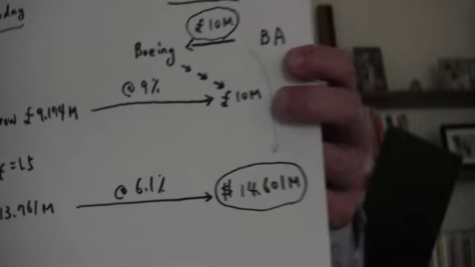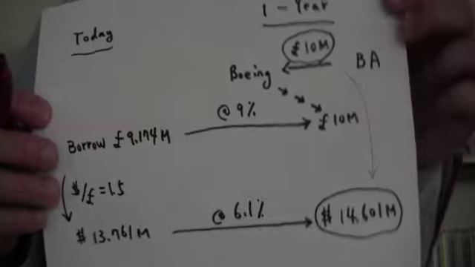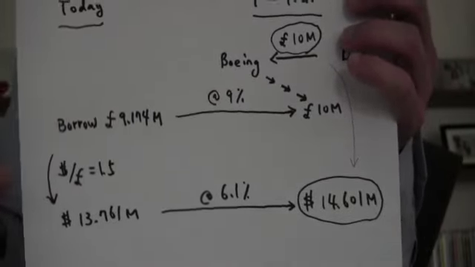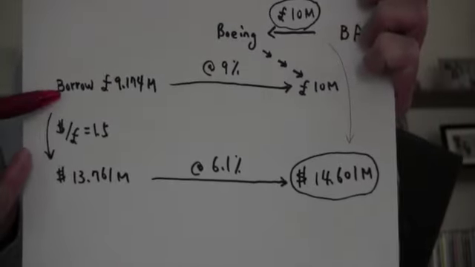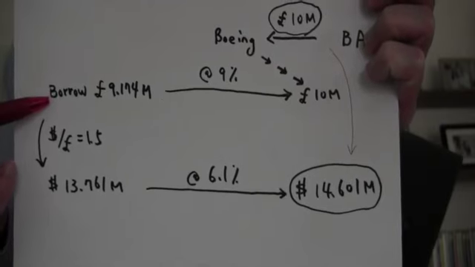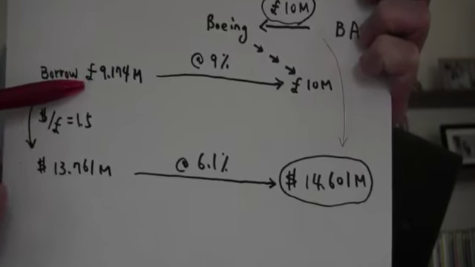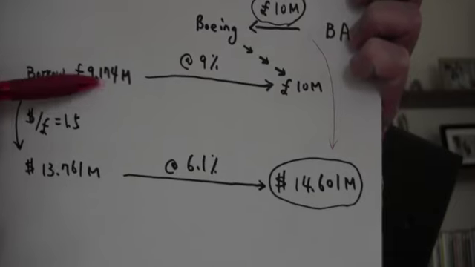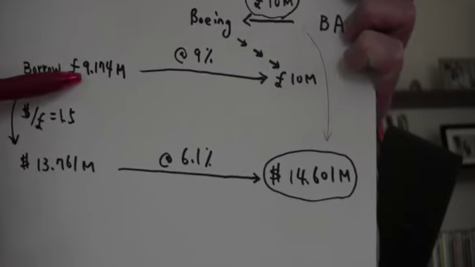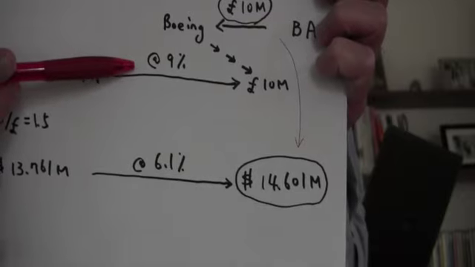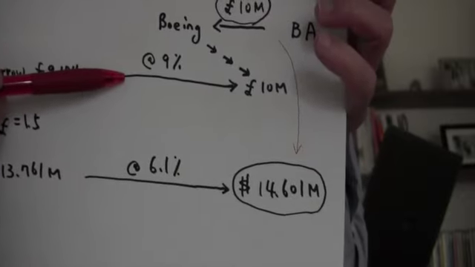And the action today for Boeing is to first borrow 9.174 million British pounds, and the interest rate is 9%.